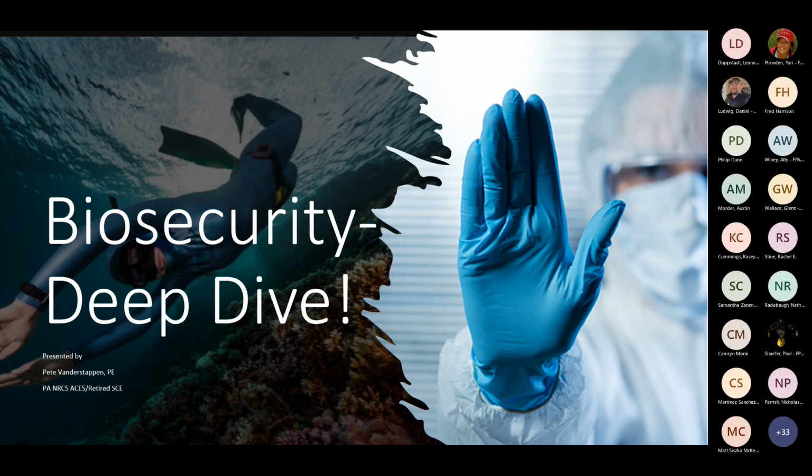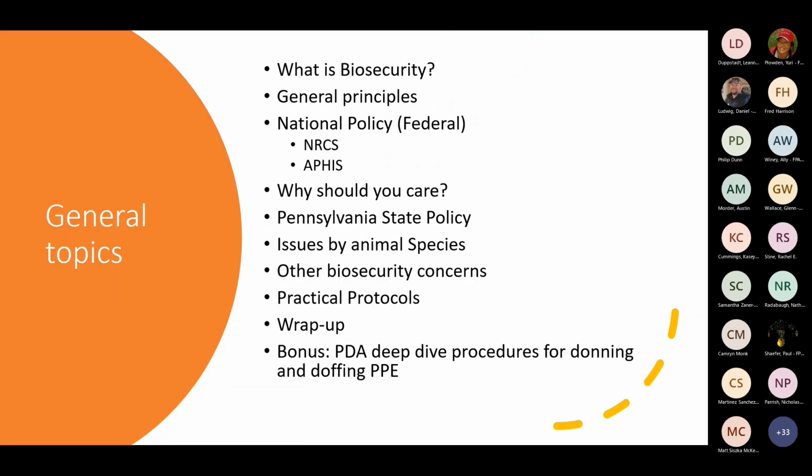Okay, so today my discussion is going to be about biosecurity, and the state engineer Tim Peters said do a deep dive into biosecurity. So I took his word on that, and we're going to really try to get into a lot of different details about biosecurity. So what we're going to look at is what is biosecurity, some general principles.